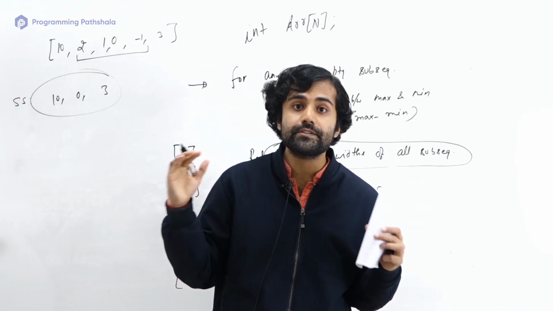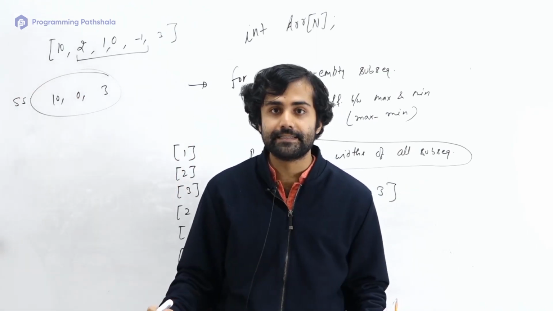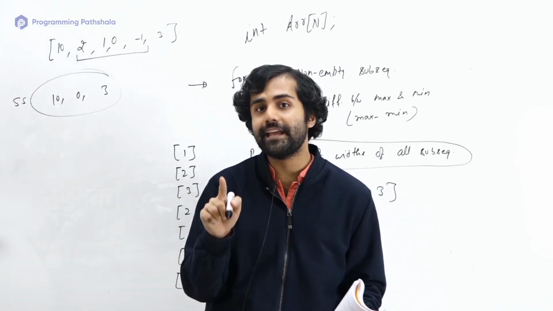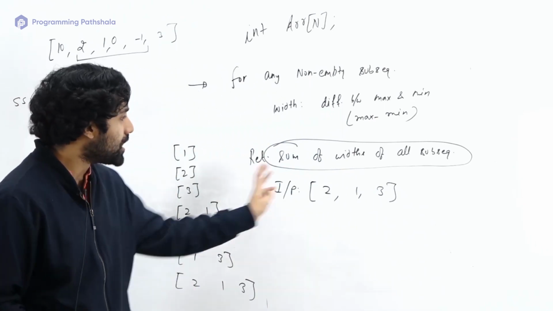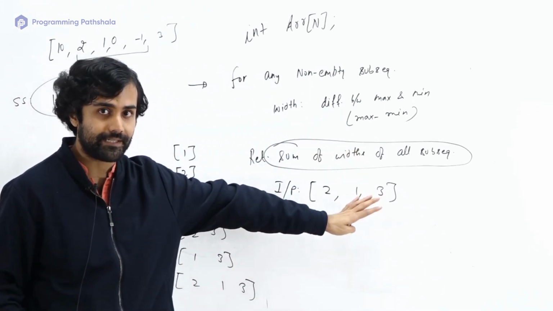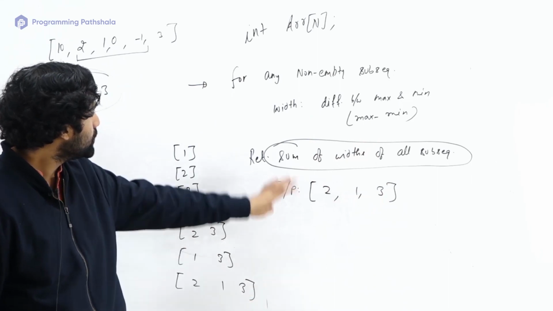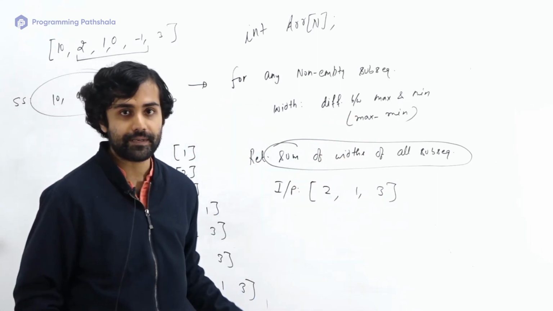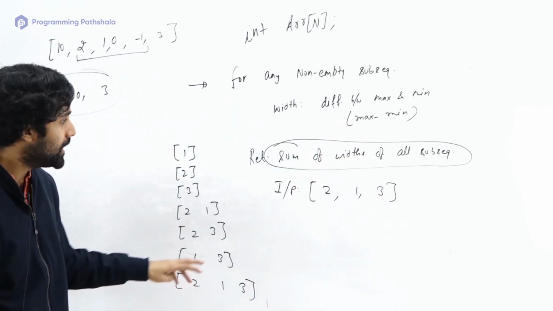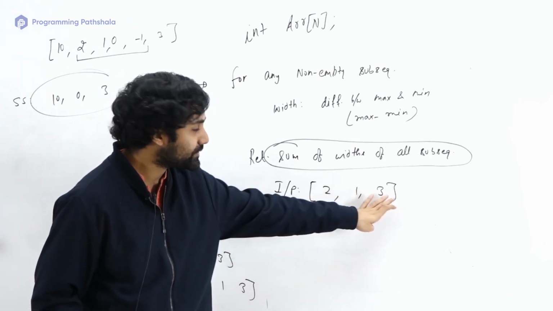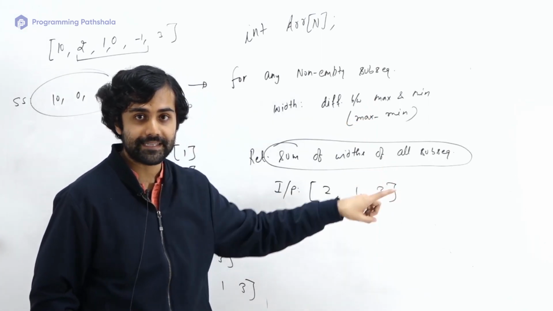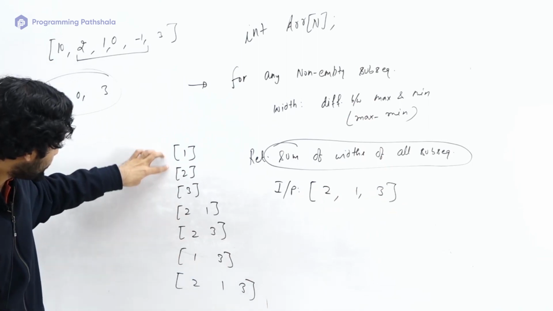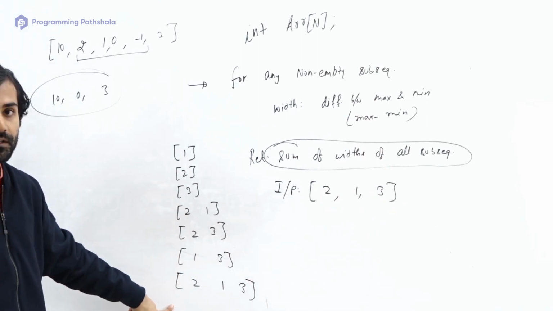So there will be 2 raised to power n different subsequences, and one of those will be the empty subsequence where you did not choose anything. But I am not interested in empty, right? So the total number of non-empty subsequences will be 2 raised to power n minus 1. Here n is 3, so 2 raised to power 3 is 8, 8 minus 1 is 7. And you can see that there are 7 of them, right?